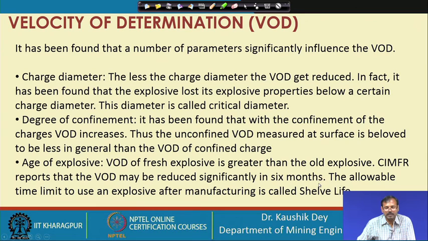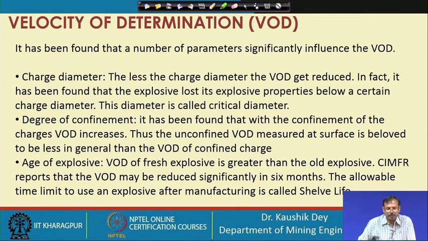So, it has been found that a number of parameters significantly influence the VOD. Charge diameter: increasing the diameter of the charge increases the VOD, and decreasing the diameter reduces the VOD.